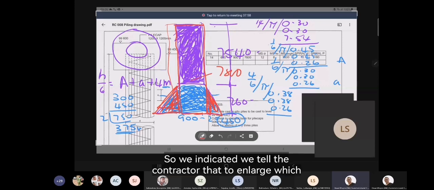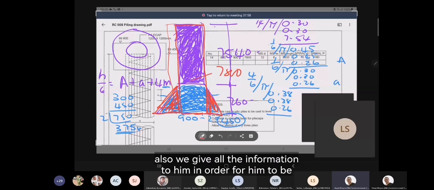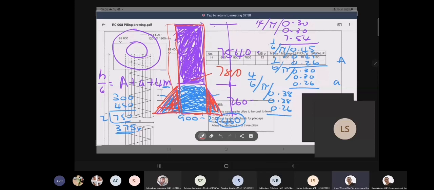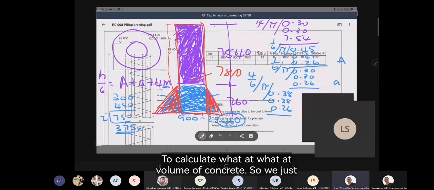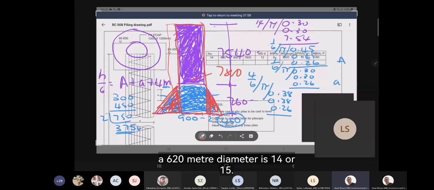So we indicate and we tell the contractor that the enlarged foot, so we give all the information to him in order for him to be able to calculate what that volume of concrete is. So we just tell him how many it is. We tell him that the enlarged foot is 900 millimeter diameter, and that the pile is at a 600 millimeter diameter, and there's 14 of them.